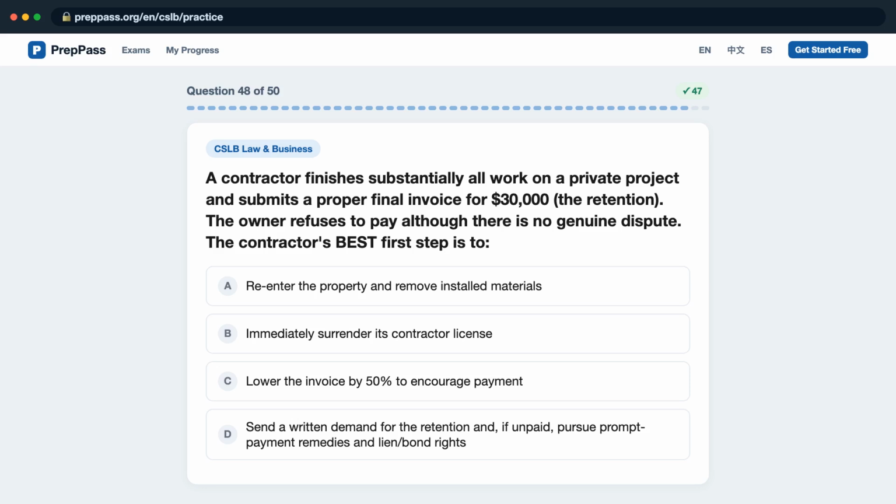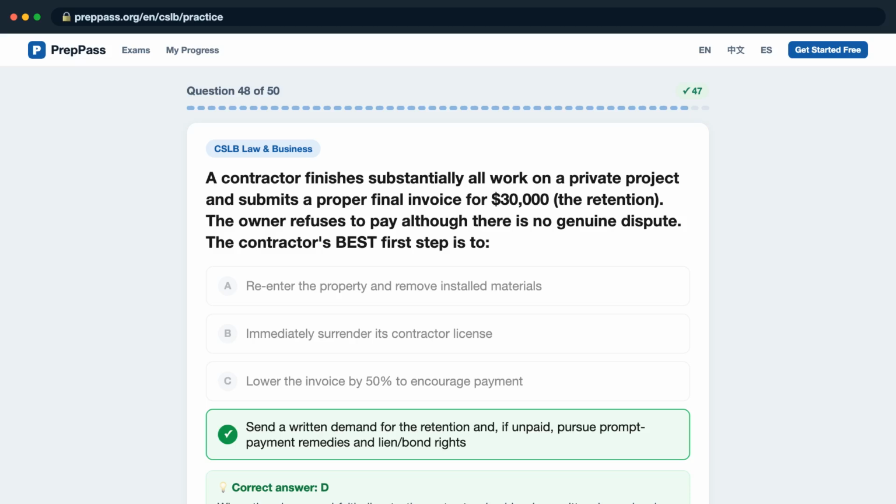C, lower the invoice by 50% to encourage payment? D, send a written demand for the retention and, if unpaid, pursue prompt payment remedies and lien/bond rights? The correct answer is D. Where there is no good faith dispute, the contractor should make a written demand and then enforce its rights through prompt payment penalties and mechanics lien or bond claims. Self-help removal of materials is unlawful.